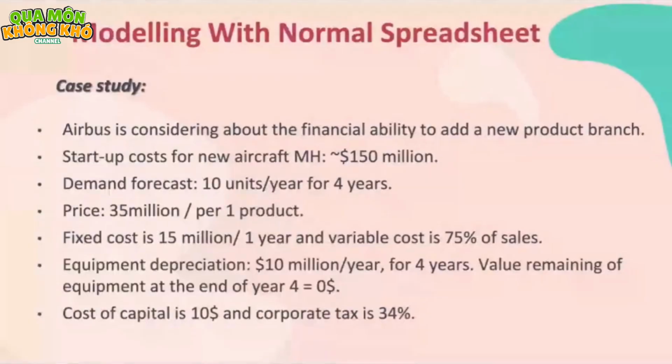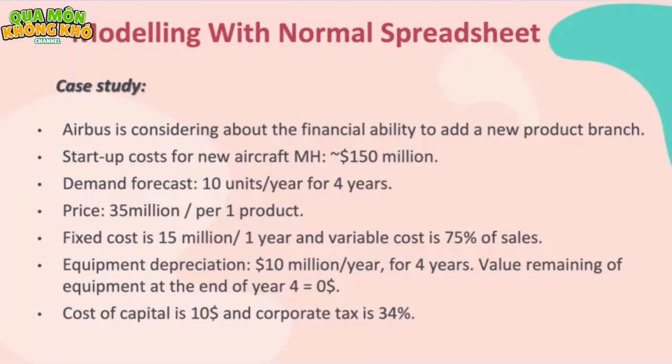In this case study, the airline is considering the financial feasibility of a new product line, and the startup cost for a new aircraft is about $150 million. In the demand forecast, the company predicts about 10 units per year for 4 years, and the price of one product is 35 million.